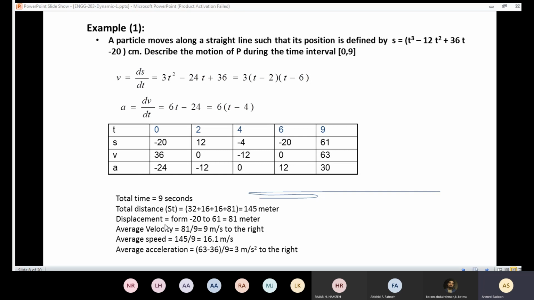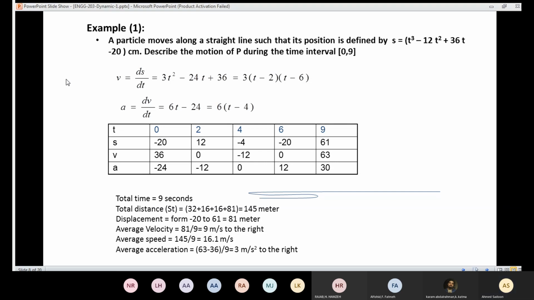This is the difference between the average velocity and the average speed. In the average velocity, we are going to use the displacement. In the average speed, we are going to use the total distance traveled. And also, we can determine the average acceleration, the difference between the final velocity and the initial velocity over the time. So now we can describe the motion of that particle. And also, we reviewed all the concepts that we have discussed in this lecture.